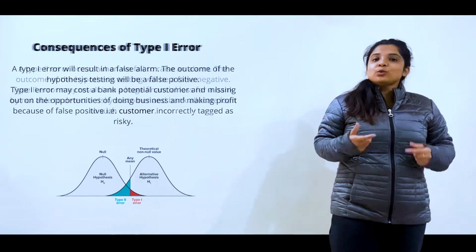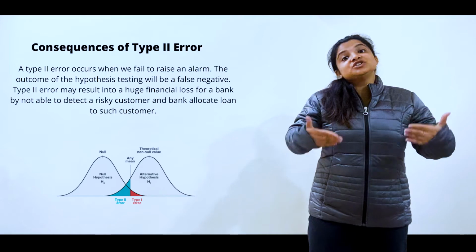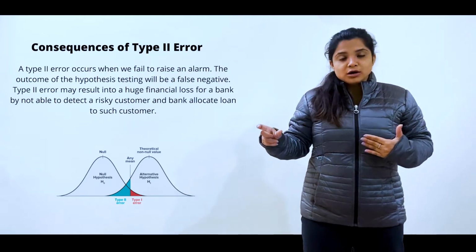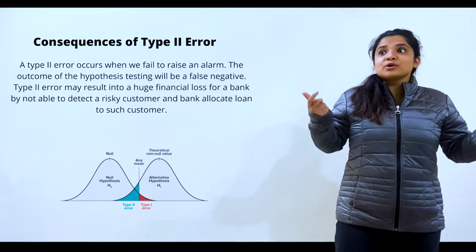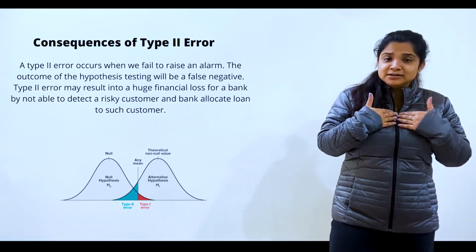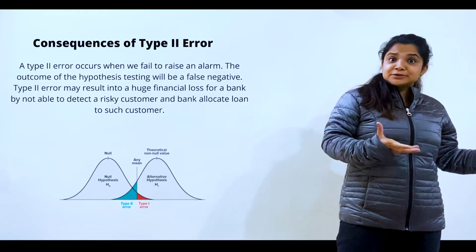On the other hand, what does type 2 error do? Type 2 error means that you have failed to reject the null hypothesis, which means that you've accepted a wrong customer. How can we say that? If a weapon passes through the security check, it's a life-threatening situation for the people on that particular aircraft.